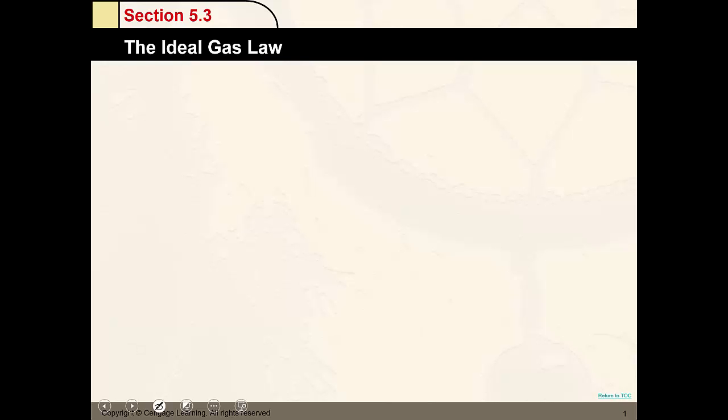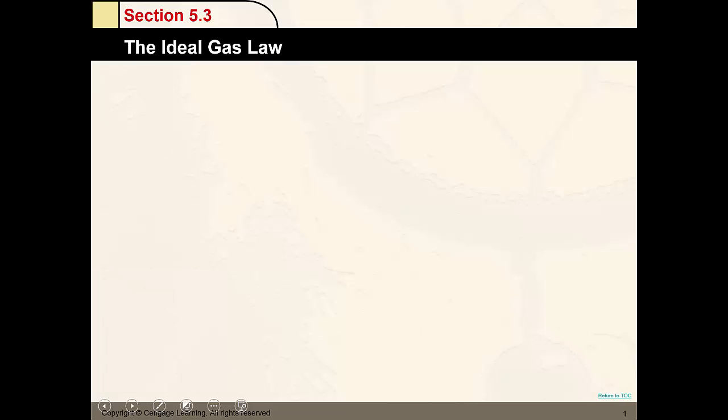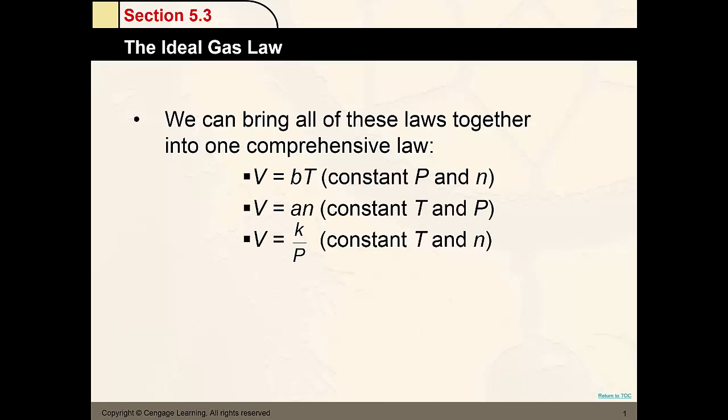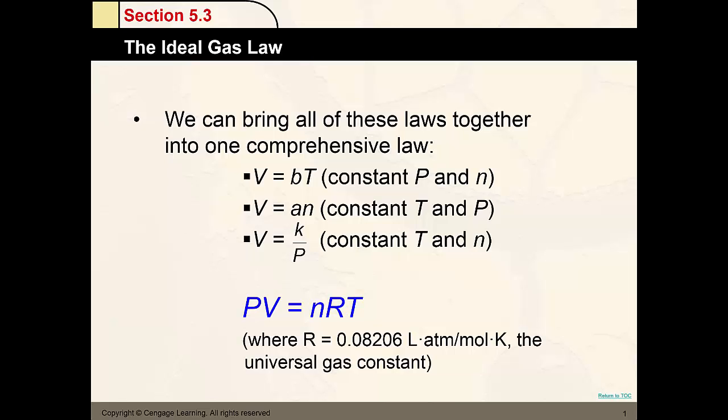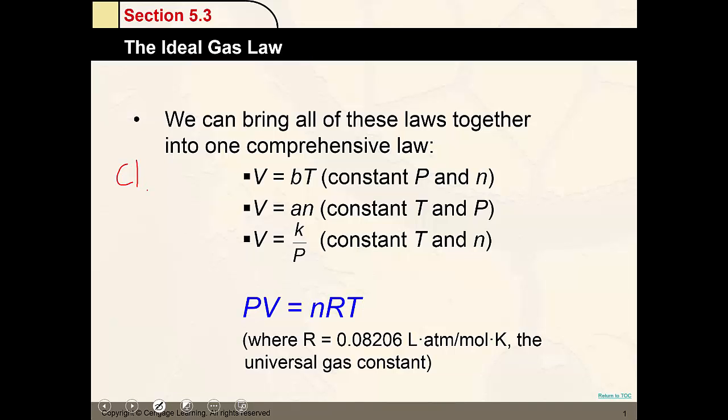And we're back. Today we're going to talk about the ideal gas law, which combines the three gas laws that we've already talked about. So we've already talked about Charles' law, the fact that volume and temperature are directly related.